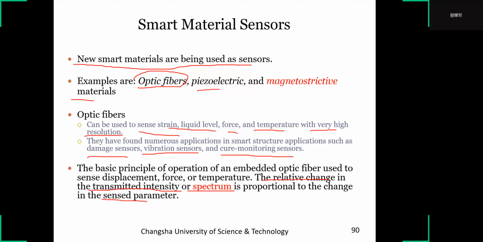This is the principle for the smart material sensor.